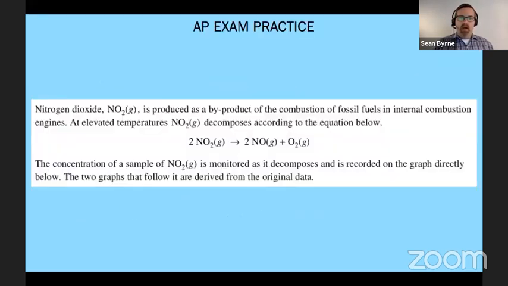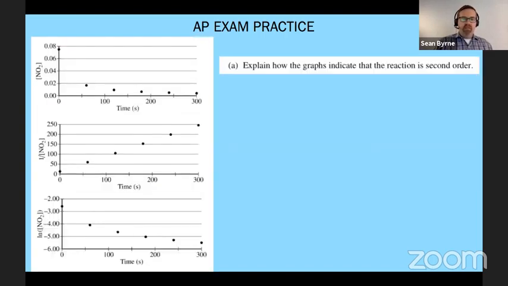And then we'll go into our AP exam practice where we were given the reaction of 2 NO2s reacting to make 2 NOs and an O2. This happens at elevated temperatures. We've got a lot of different information. What we want to look at is the fact that we have graphs that are represented from this information, or graphs that came out of the experiment.